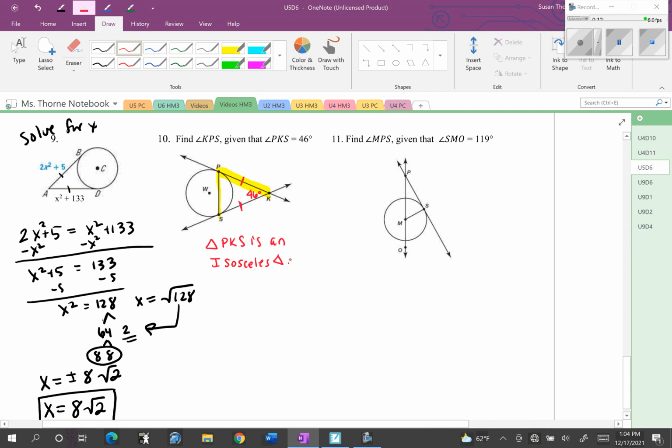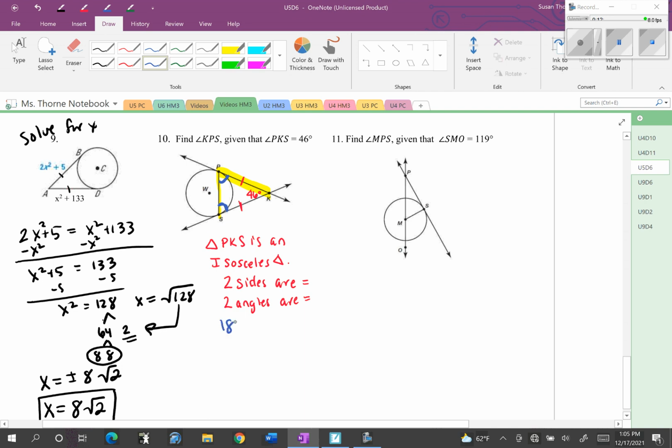And so remember for isosceles triangles that the conditions are two sides are equal and two angles are equal. So if that's 46 degrees, that means that this angle here, KPS, and this angle here, angle S or PSK, have to be equal. We know that the angles in a triangle add up to 180 degrees.